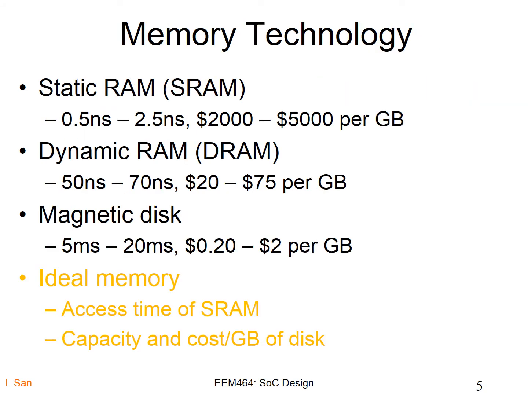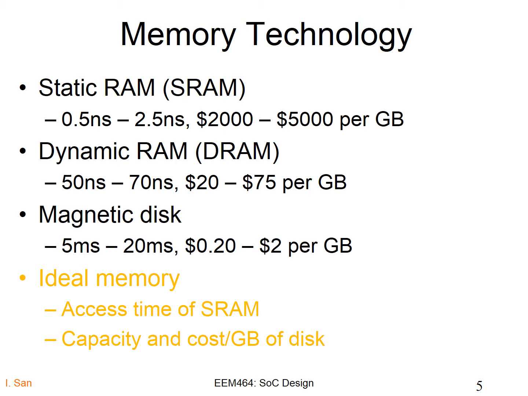Before we look at how we can optimize memory access with caches, we can understand the performance of different types of memories. There are different technologies for memory, like static RAM, which we call SRAM. These are available in our chip. You can get latency between 0.5 nanoseconds and 2.5 nanoseconds, which is very fast, but they are very expensive.